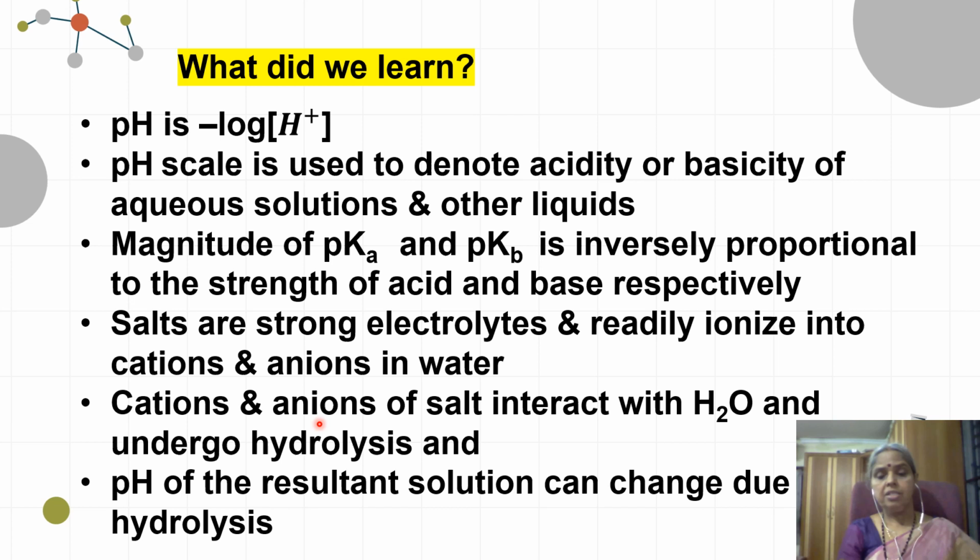So we have seen that a solution of a salt of a strong acid and a strong base is neutral. A solution of a salt of a strong acid and weak base is acidic. A solution of a salt of weak acid and strong base is basic. So that is how the nature of the resultant solution depends on the type of the salt.